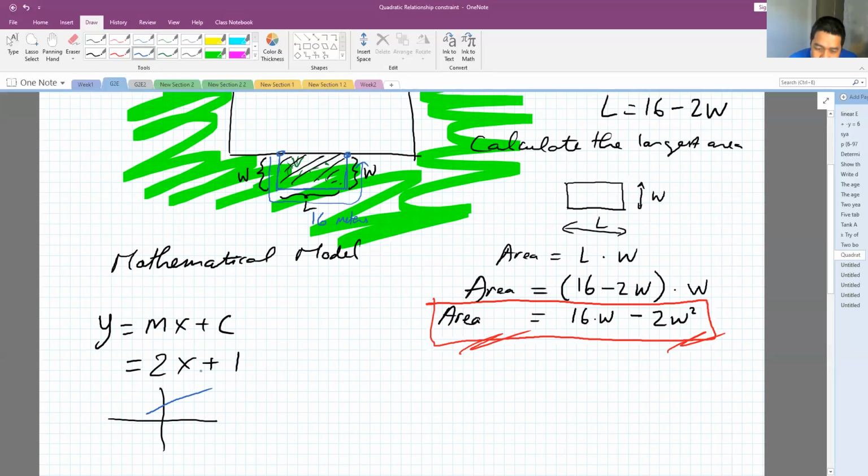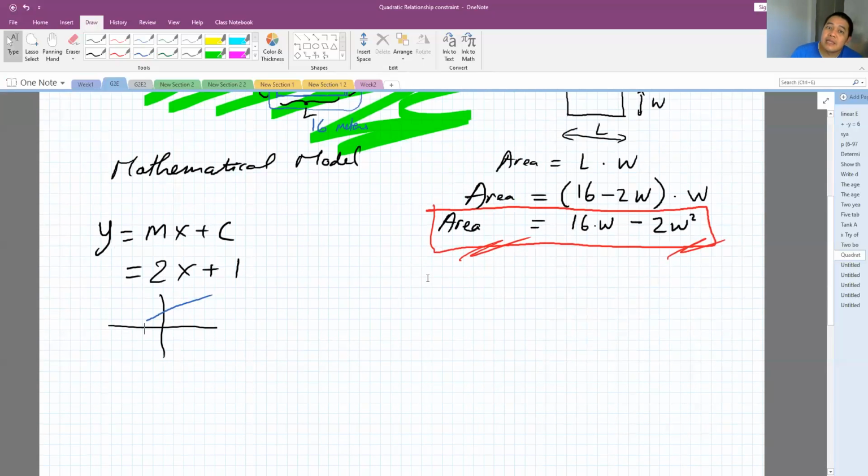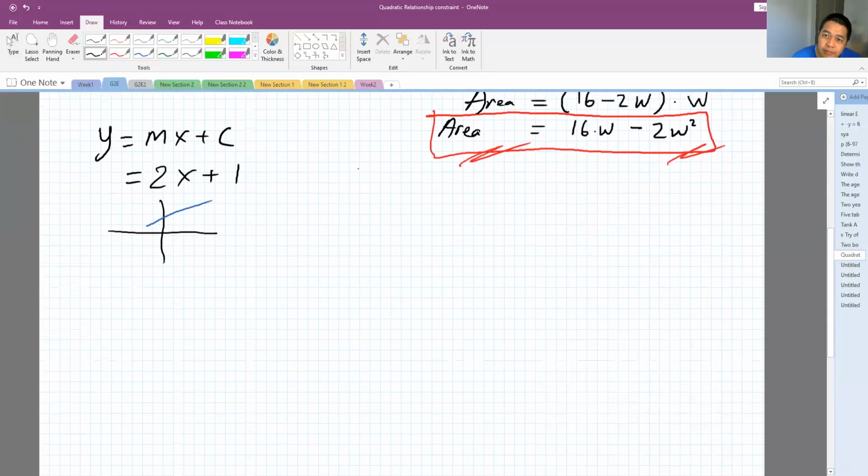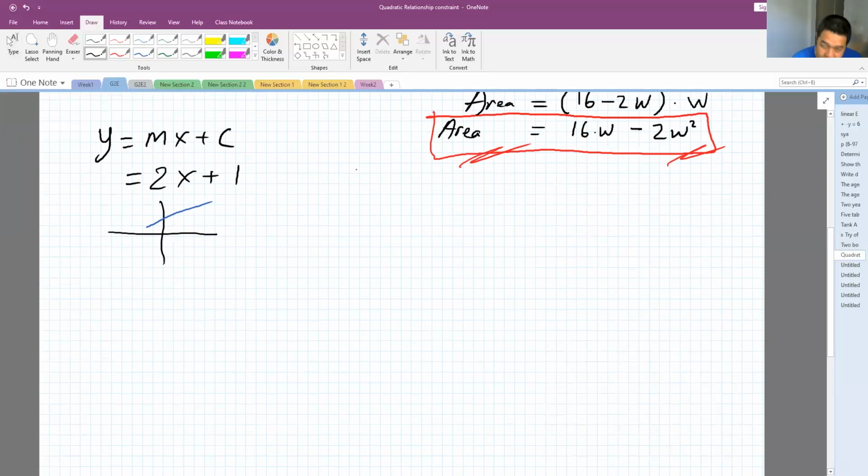And with the quadratic relationship like this one between the area and the width, we will not see a straight line like this, right? So what is the graph of this quadratic relationship that we will get from this mathematical model? Well, we can create a table and insert the numbers in there.